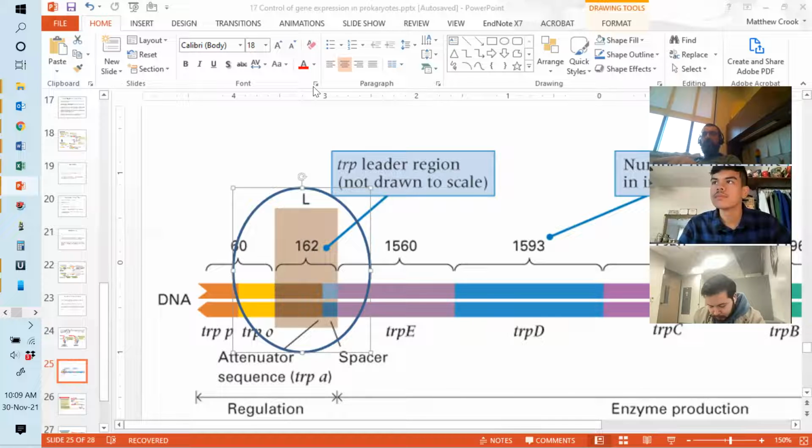Okay. So, more information. Tell me something more about the leader region. Anybody? What's special about it? Does it produce a functional protein or a structural protein? Yes or no?